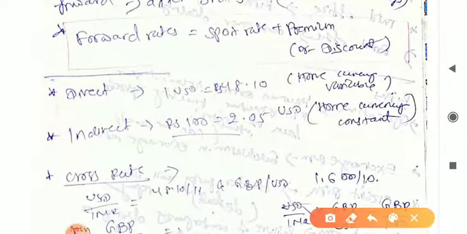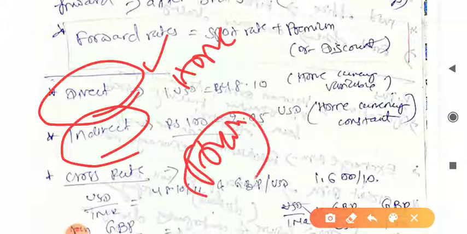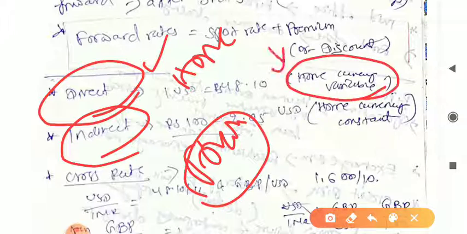So here we can see what the direct quote and indirect quote are. In the case of a direct quote, there will be two currencies: one is home currency and the other is foreign currency. In a direct quote, we are considering with respect to home currency.